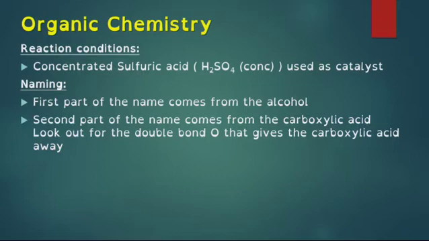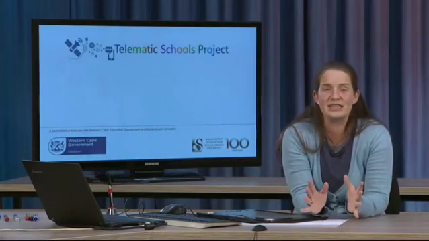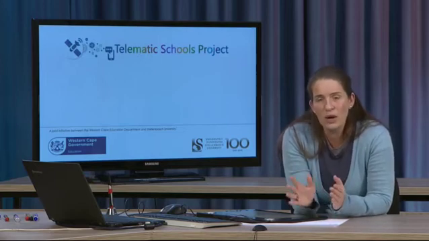And now often my students say, but ma'am, how do I know which part comes from the alcohol and which part comes from the carboxylic acid? Now, it's very, very simple. And I know when you say it this way, it's like, oh, of course. Your carboxylic acid starts with a double bond oxygen as well as the OH group. The OH group gets removed, but that double bond oxygen remains on that carbon.